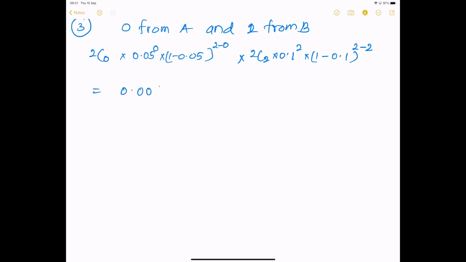I will directly write the answer: plus 0.0171 plus 0.009025. The answer should be 0.02815. And that's the way to find the probabilities, right?